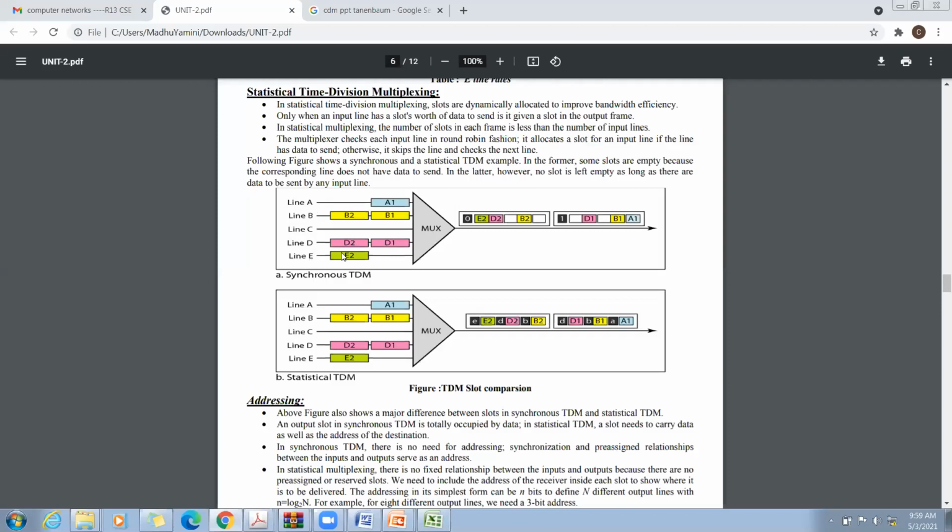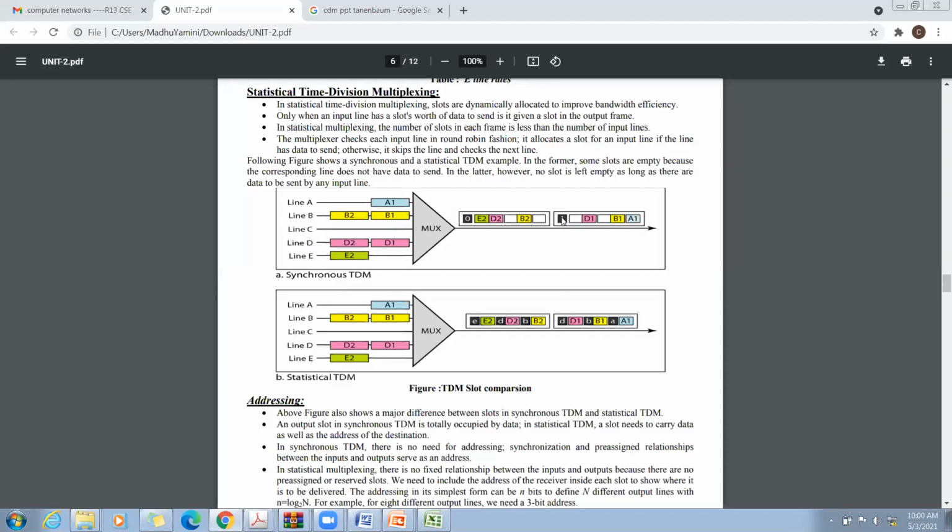We have 5 inputs. See this particular time interval: A1, B1, A is transmitting, B is transmitting, C and E are absent. Look here, A1, B1, D1 are allocated; C is empty, D is transmitting, C is empty. Okay, C and E are empty.